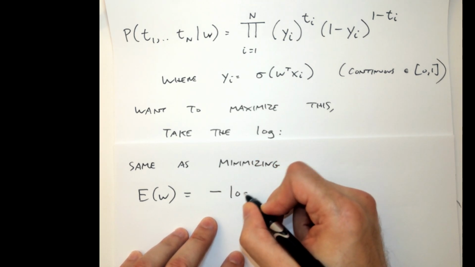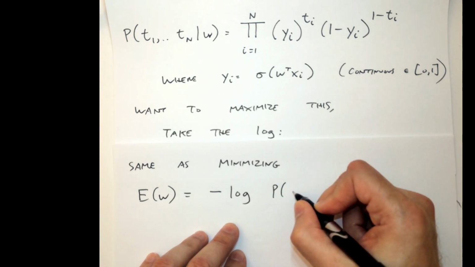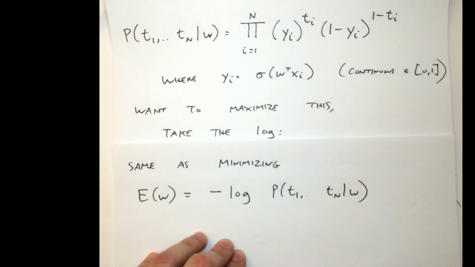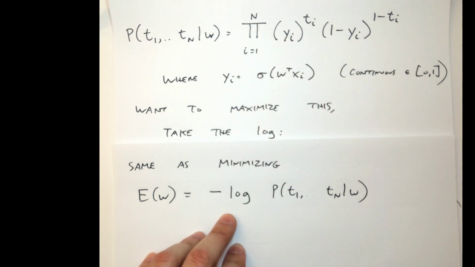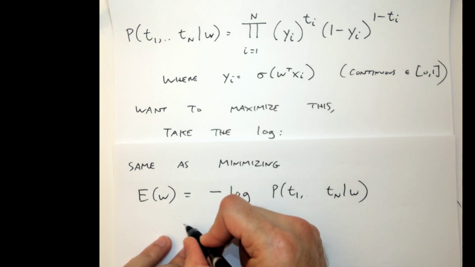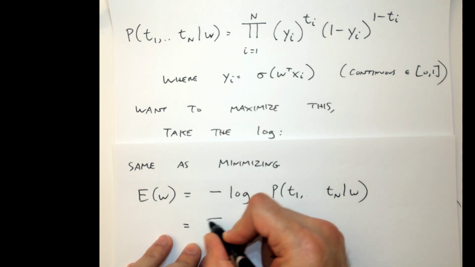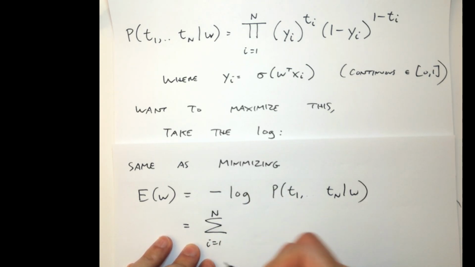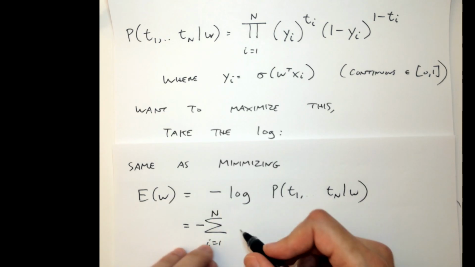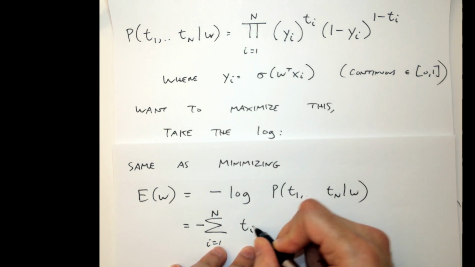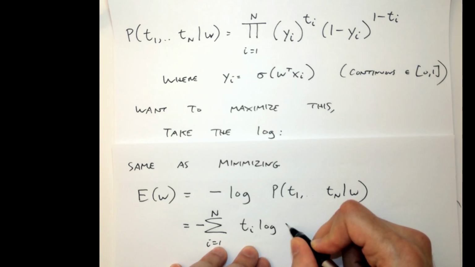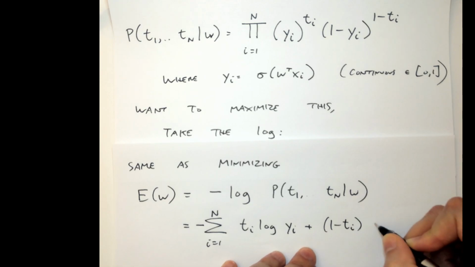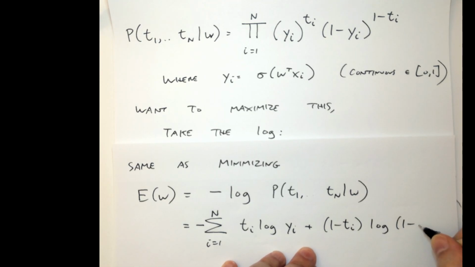So we're going to minimize the negative log of this probability, which now, taking the log of this thing, is pretty easy to do, right? That's like saying that now I have the sum over all of my data points, and I'm going to take this negative sign outside. I have ti log yi plus 1 minus ti log 1 minus yi.